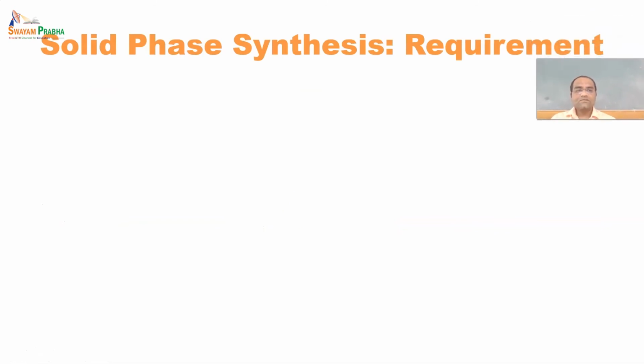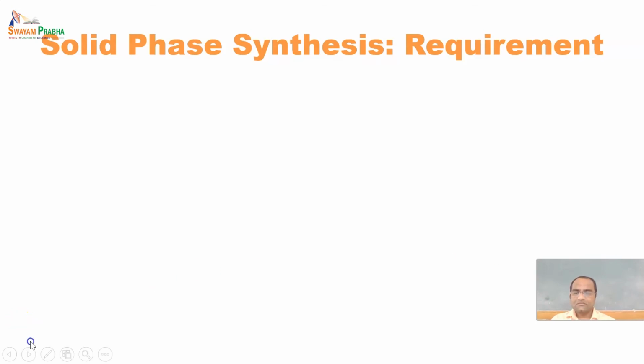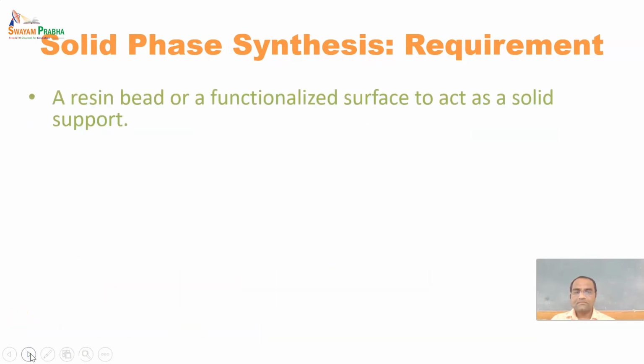Now we'll see what the requirements of solid phase synthesis are. A resin bed or functionalized surface acting as a solid surface is required. Resin beds, as the name itself indicates, are solid in nature, and they are required for coupling of an anchor or linker.